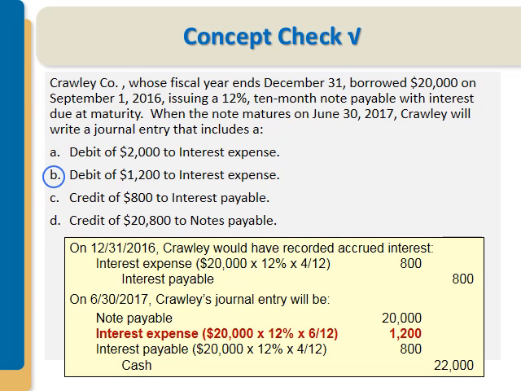On 6/30/2017, Crawley's journal entry would be note payable for $20,000, interest expense of 20,000 times 12% times 6 divided by 12 equals $1,200, interest payable of 20,000 times 12% times 4/12 of the 800 from before, and cash equal to $22,000.